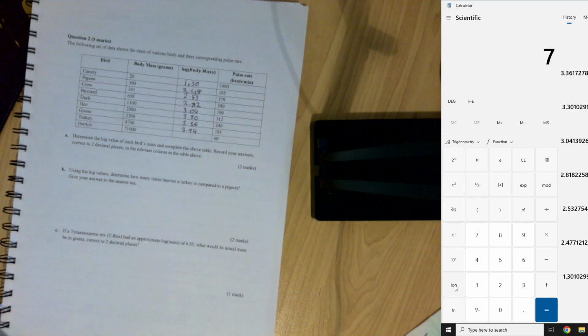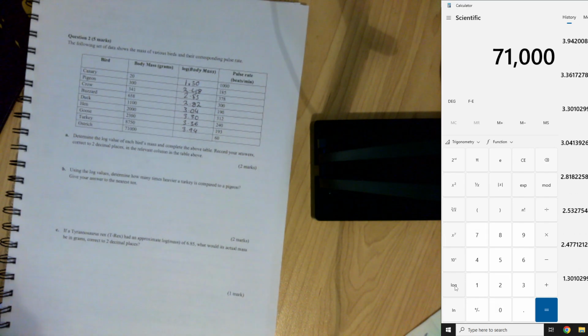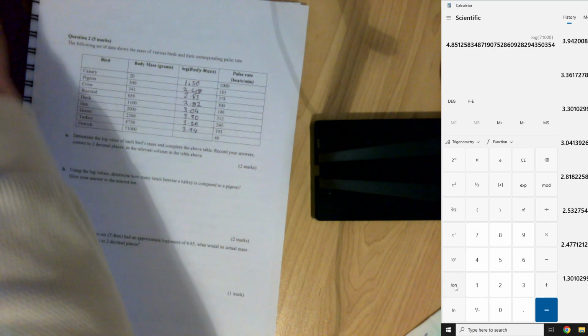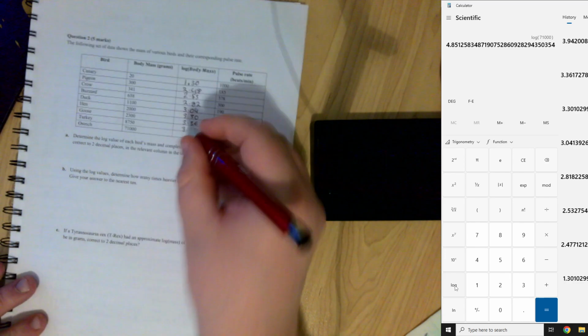Lastly, ostrich is 71000, which has a log of 4.85.